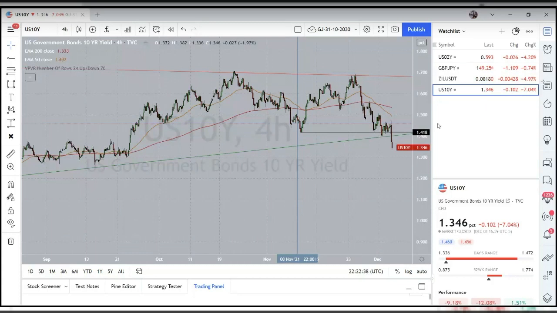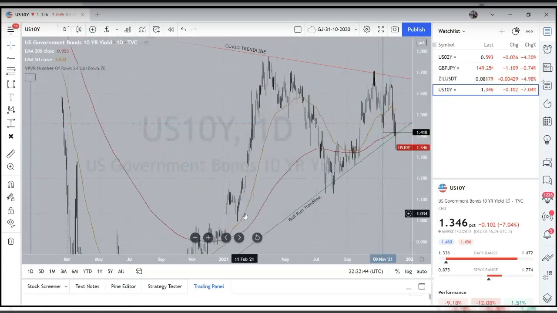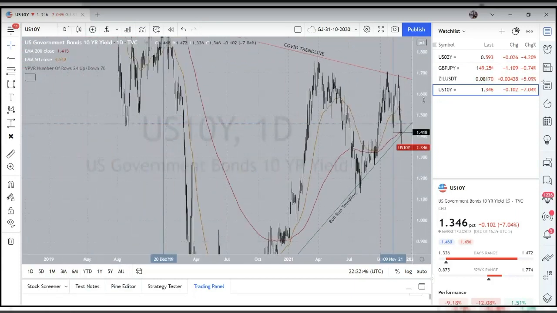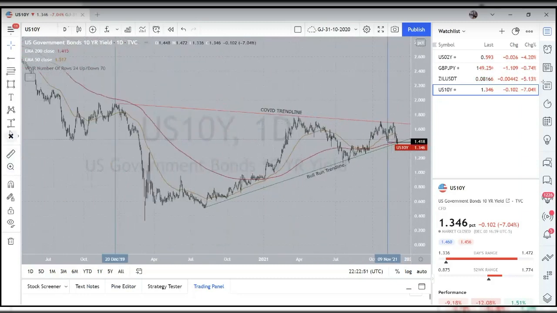So right now, if I just zoom out a bit, we've got the start of COVID somewhere around here.